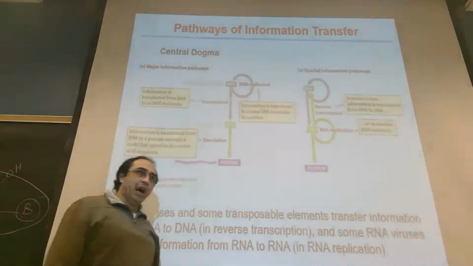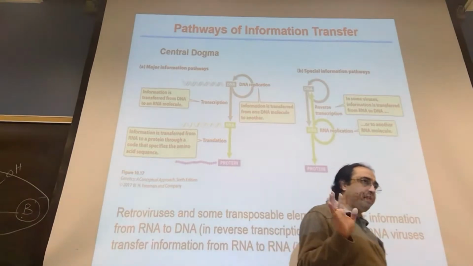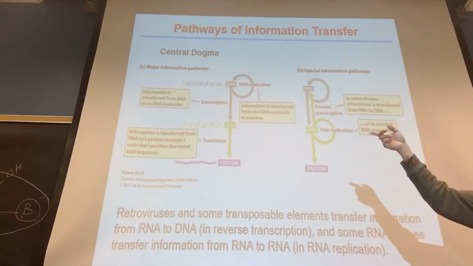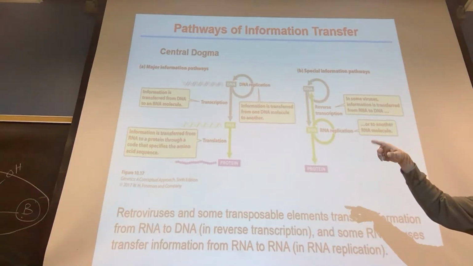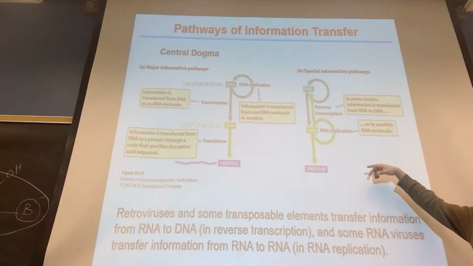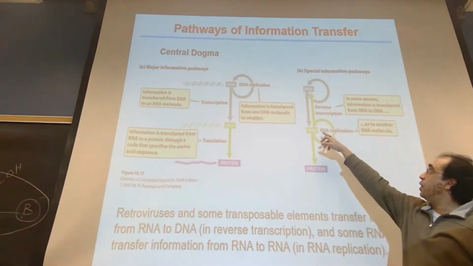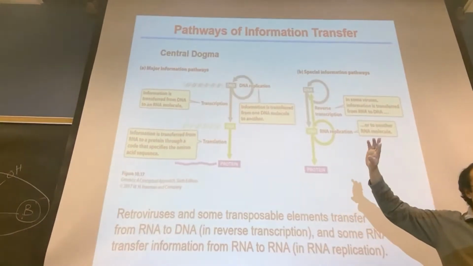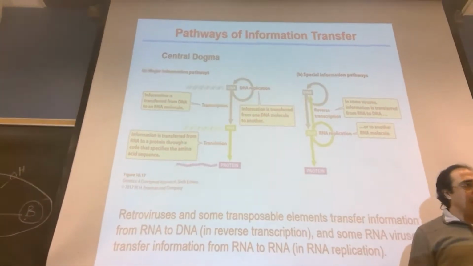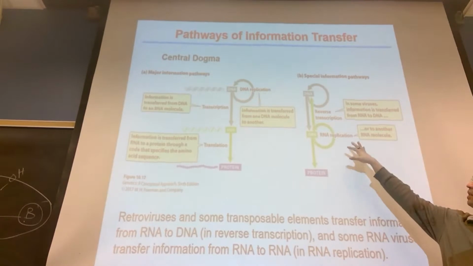After that, during the 1950s and 60s, we only knew that DNA can replicate into DNA, DNA can produce mRNA, and mRNA can produce protein. Now we know that DNA can produce RNA, but sometimes RNA can replicate by itself in some bacteria and other areas.